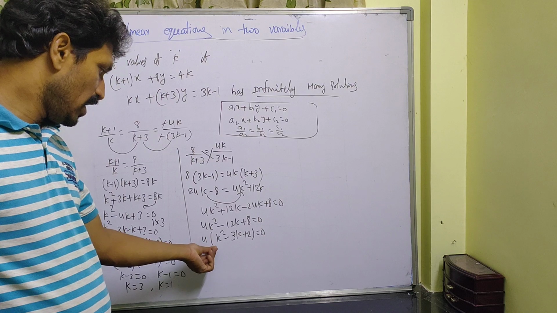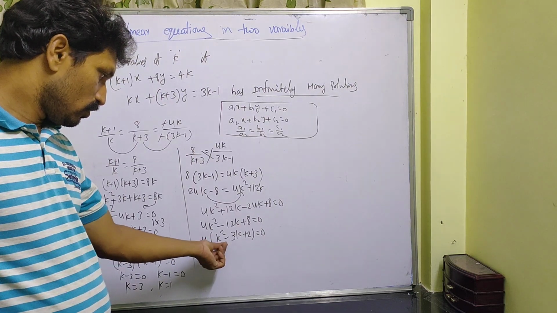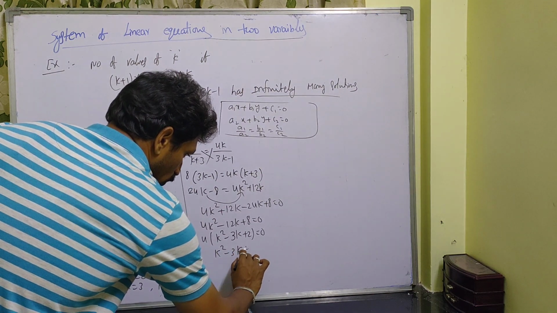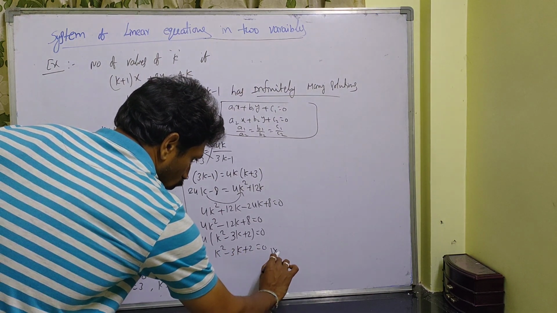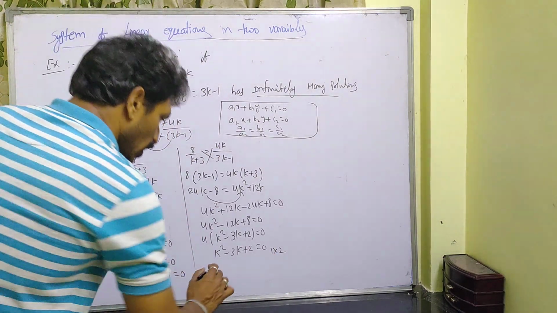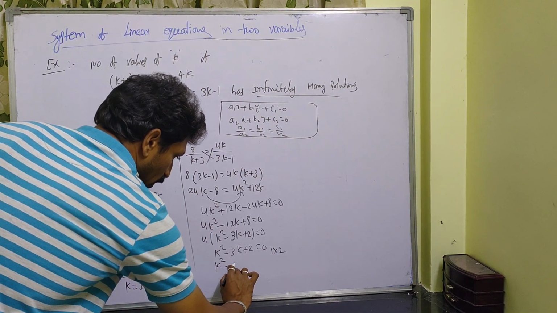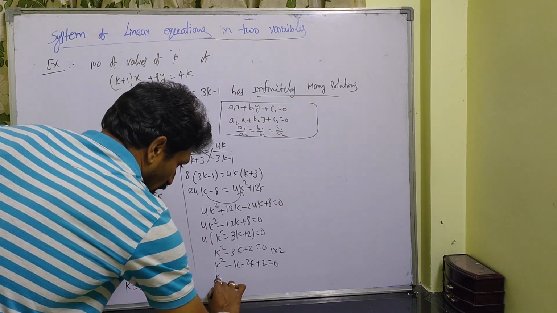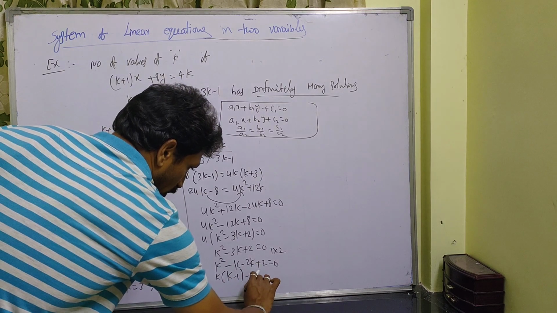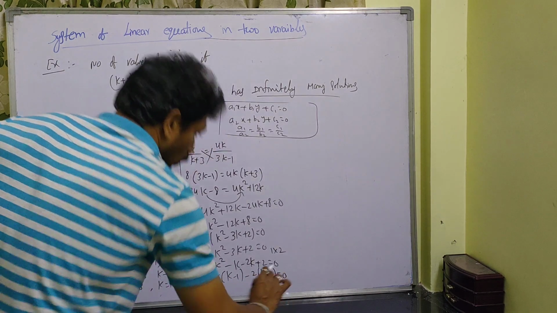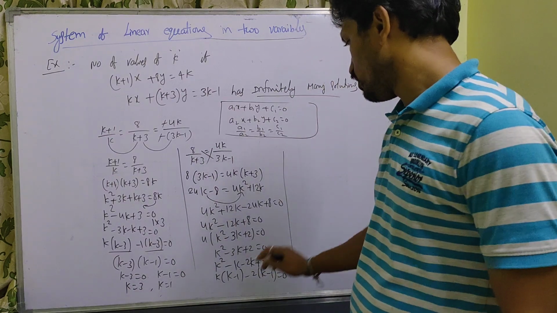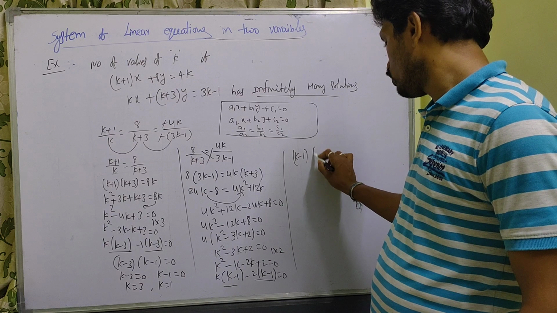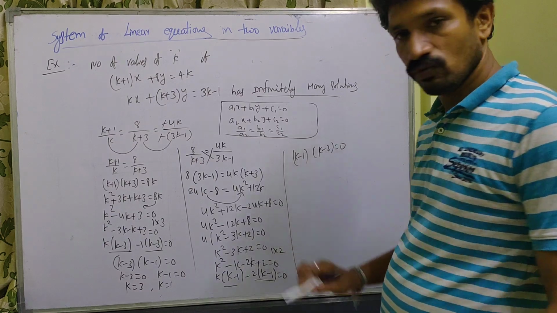Okay, see here, if you factorize this one, what do you have? 1 2s are 2. So 3k, how can you write, k square minus k minus 2k plus 2 is equal to 0. So k common, k minus 1, minus 2 common, k minus 1 is equal to 0. See here, k minus 1 is common for these two. So k minus 1 into k minus 2 is equal to 0.